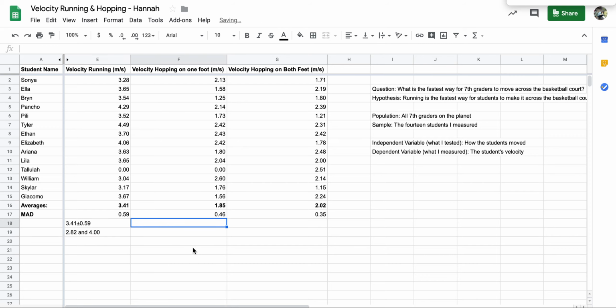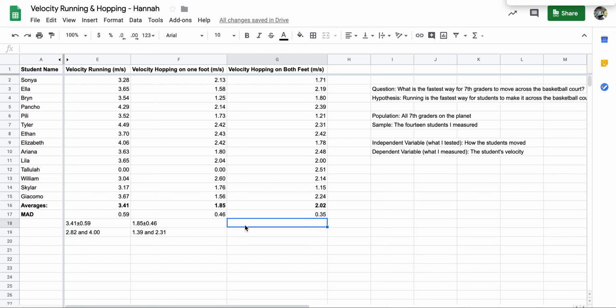The same thing is true for my velocity hopping on 1 foot. There I have 1.85 plus or minus 0.46, which means I'd probably have an average somewhere between 1.85 minus 0.46, which is 1.39, and 1.85 plus 0.46, which is 2.31.